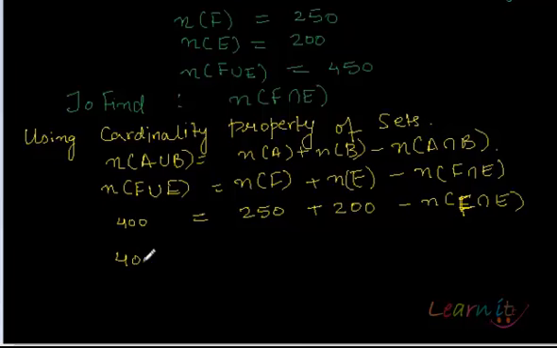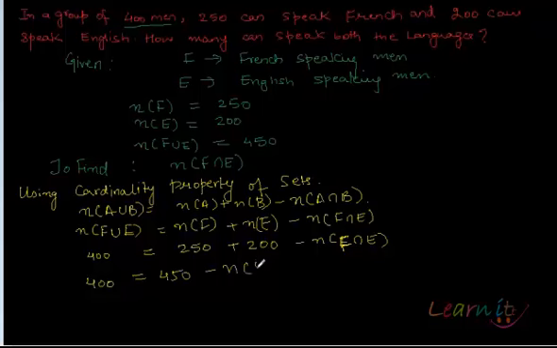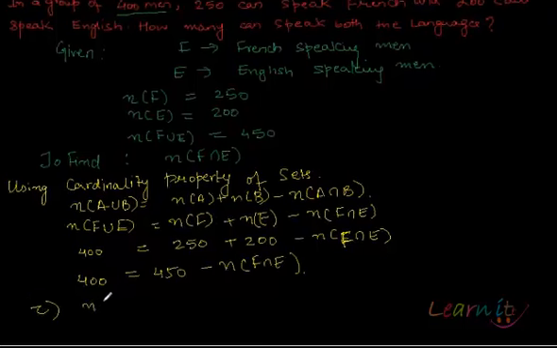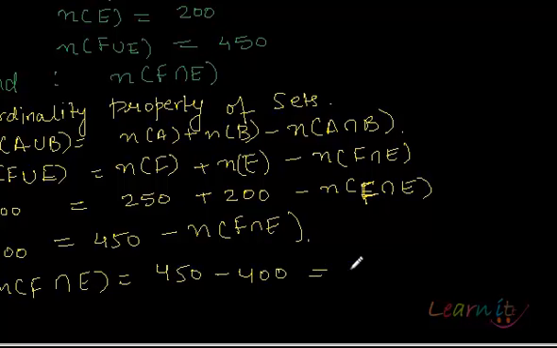Essentially it would be 400 equals 450 minus n(F intersection E). So this implies n(F intersection E) equals 450 minus 400, which gives 50. So there are 50 men who can speak both the languages.